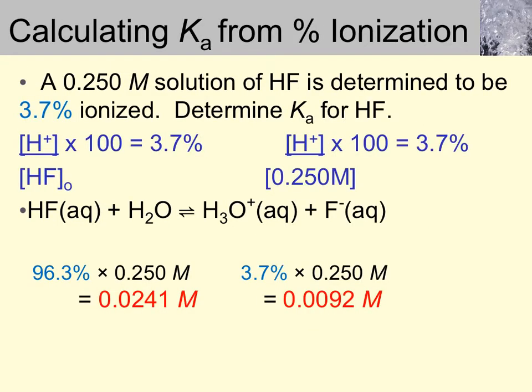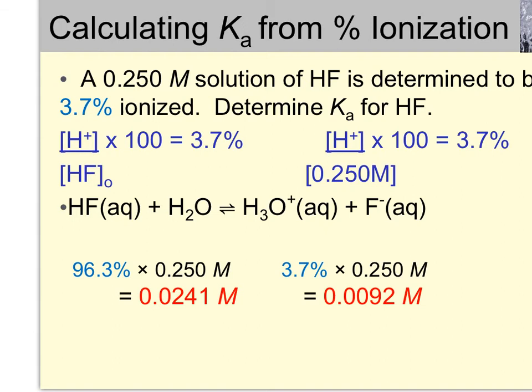3.7. As with all of these problems, you can do the calculation either direction. So we used concentrations that we found on an ice table to calculate percent ionization, but you can also use the percent ionization values to determine the equilibrium constant.